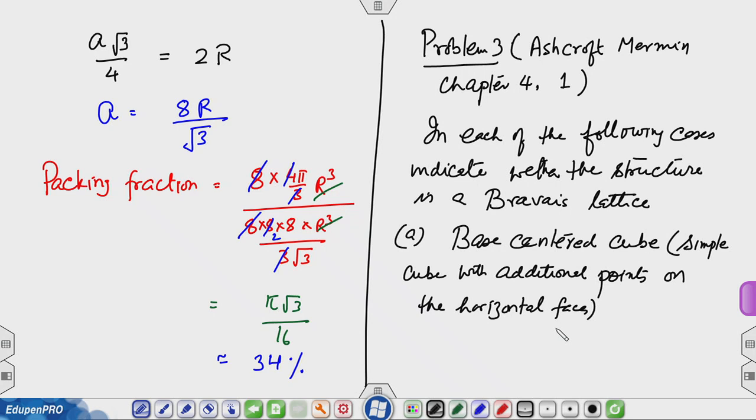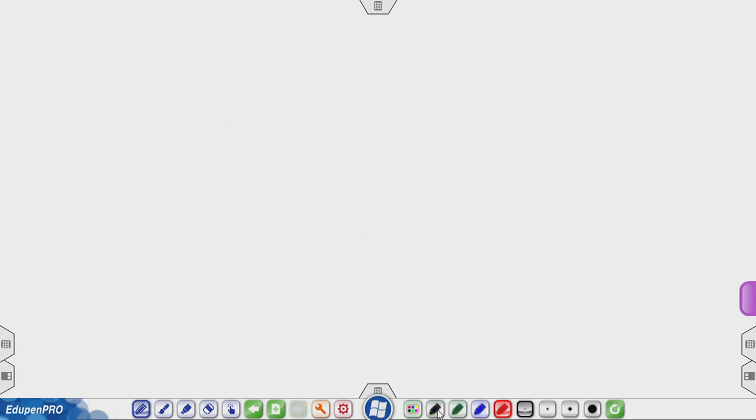So, what we are talking about is a cube like this. So, obviously, there are these points at the corners, and additionally there is one point on the top and one at the bottom surface. Let's look at the solution.